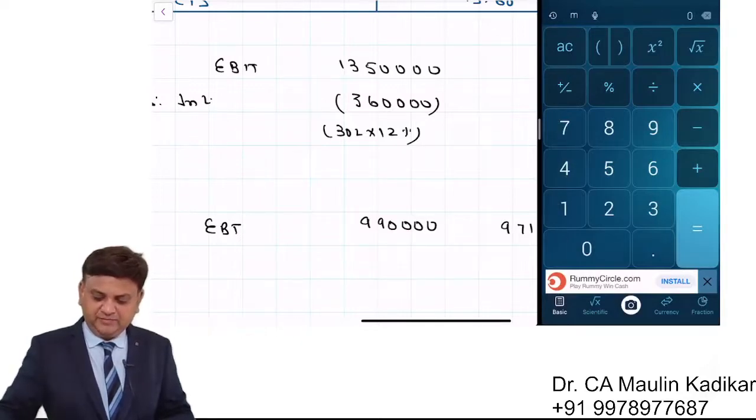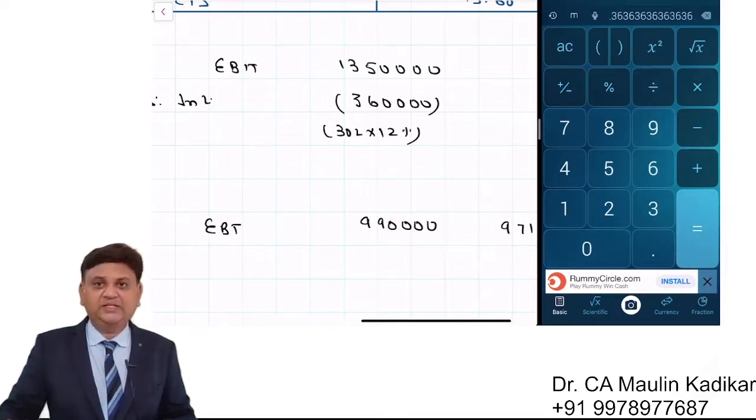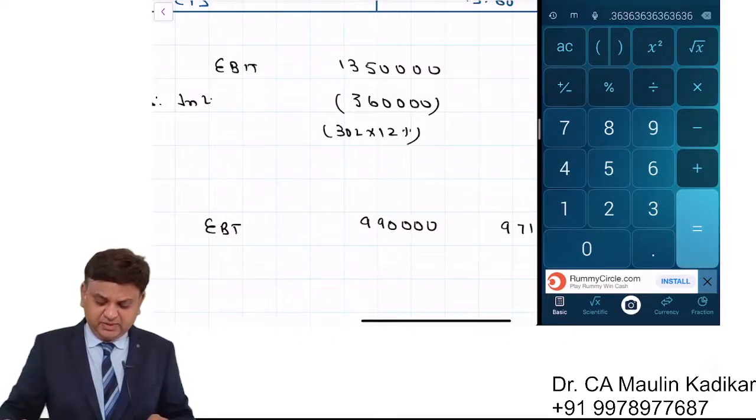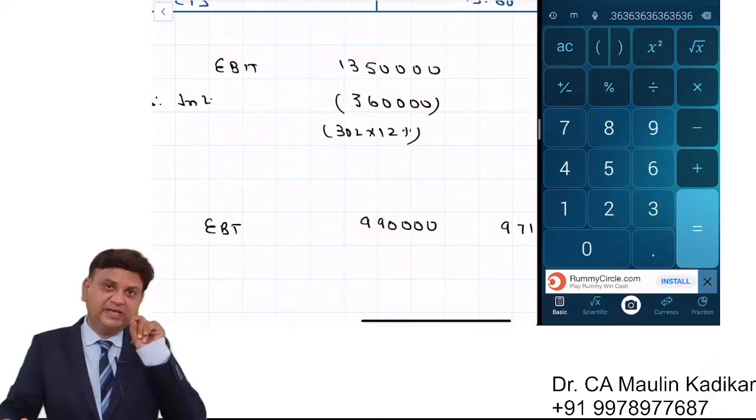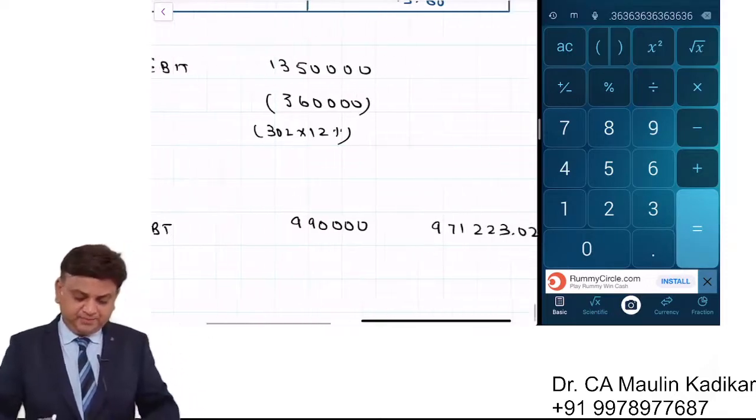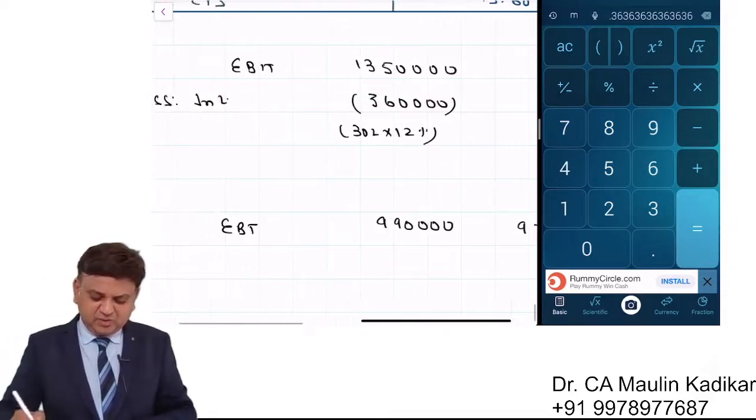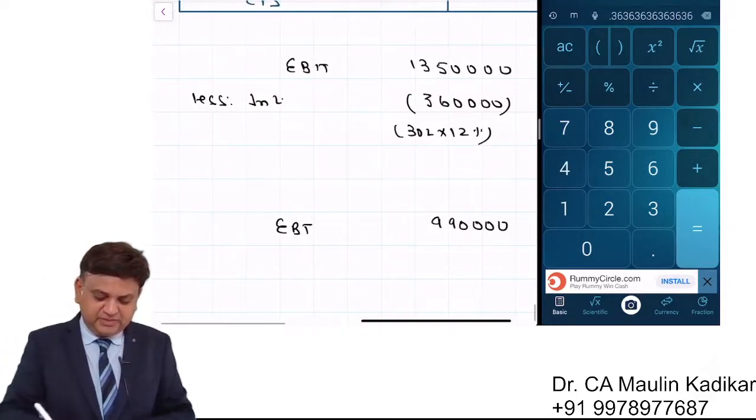That is the answer you have, and the question is providing the DFL answer as 1.39. That value is given to us in the question. That is the reason going with this method is not permissible.